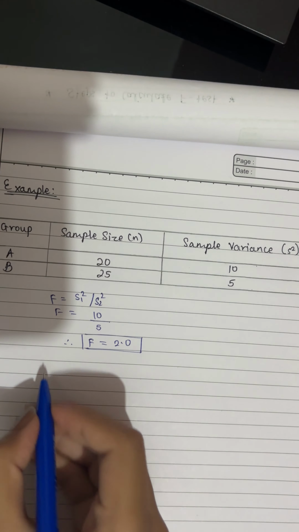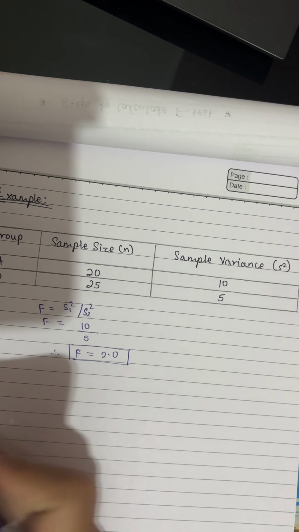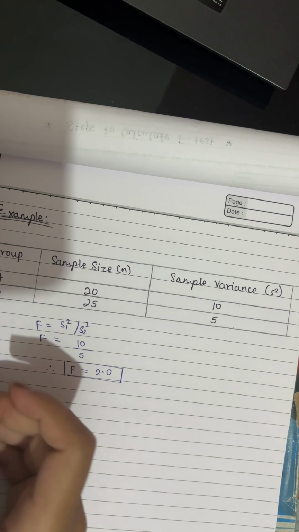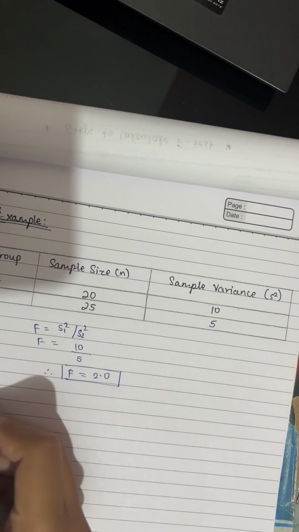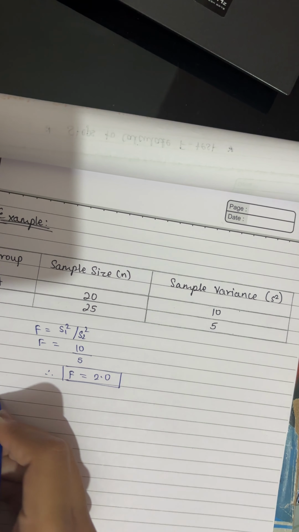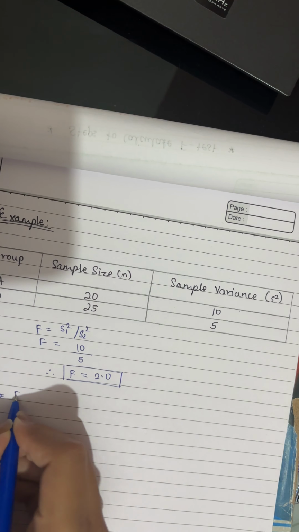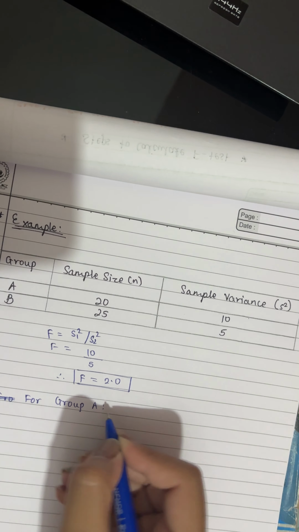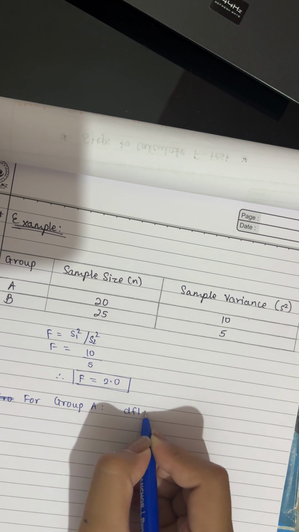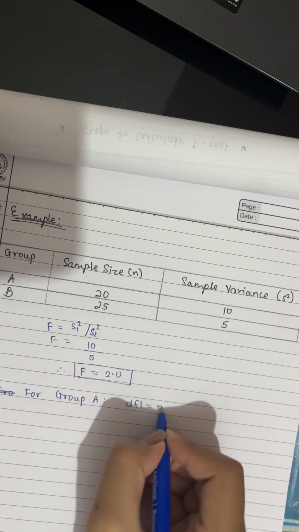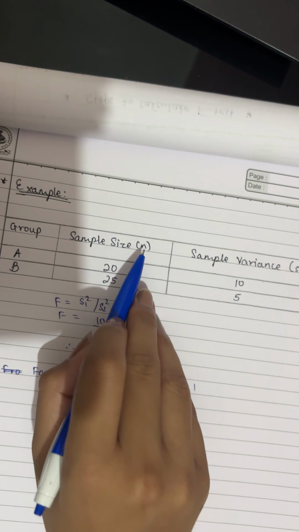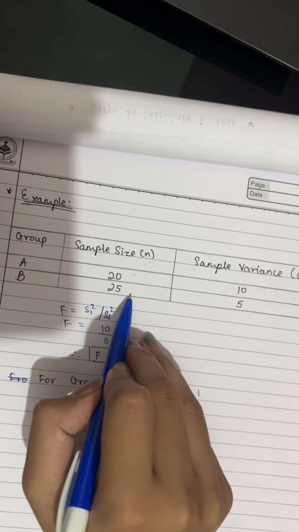Now we have to determine the degrees of freedom. For degrees of freedom, we have the formula as I said before in step 4. In that we have the degrees of freedom formula. Now we look at it for group A. df1 is equal to n1 minus 1. They have given n, so this is n1 and this is n2.